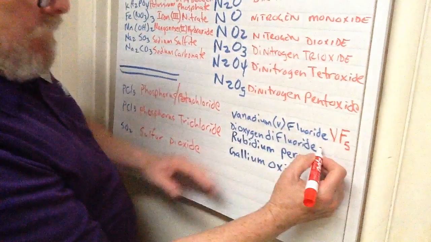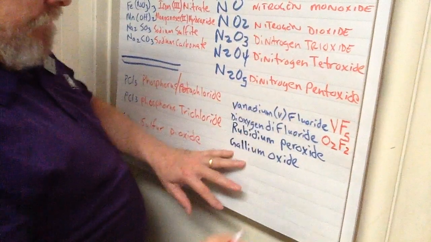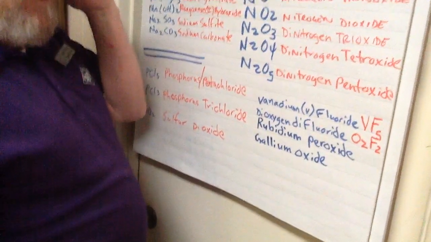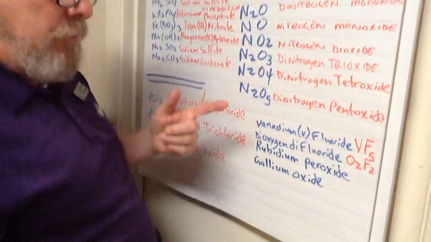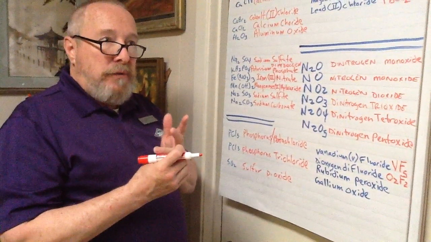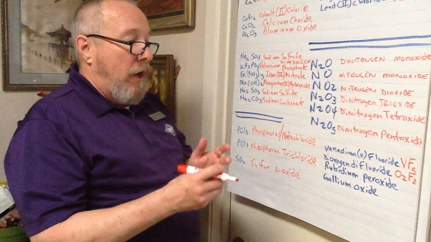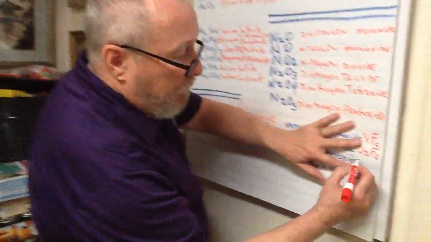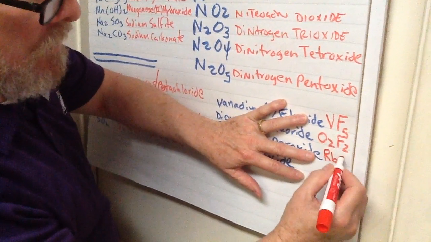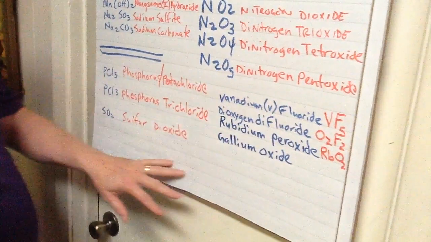Dioxygen difluoride would be 2 oxygens, 2 fluorines. Rubidium peroxide. Rubidium is a group 1 metal. It has a +1 charge, but the oxide and peroxide ions, O2-, and O2 2-, both have a 2- charge, so I need 2 rubidiums to balance that peroxide O2 -2 charge.